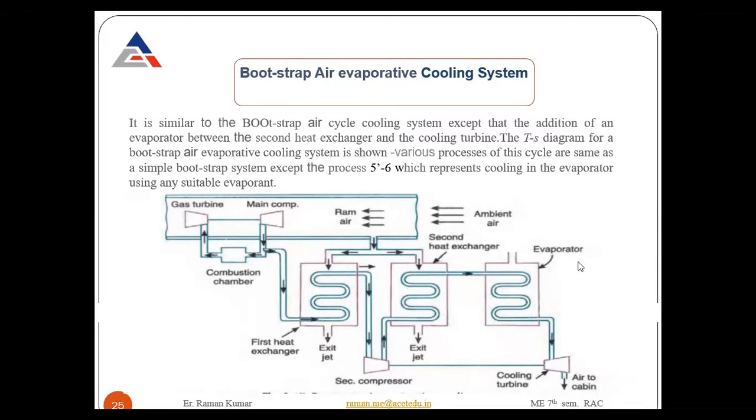Now, I have already told you about an evaporator in which water, ammonia is also present, and when the pressure is low, the water boils at 40 degrees centigrade. I have already told you, when it boils, the remaining effect is a cooling effect. So when the air passes through this evaporator, its temperature is reduced again.